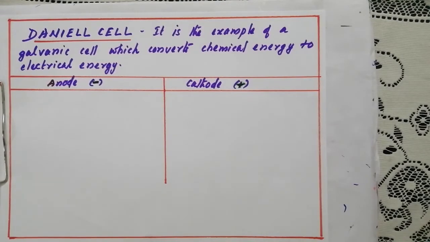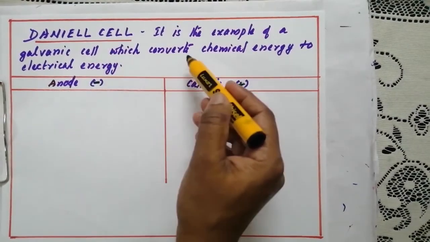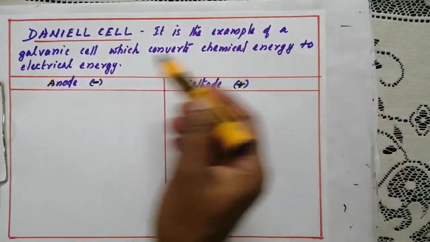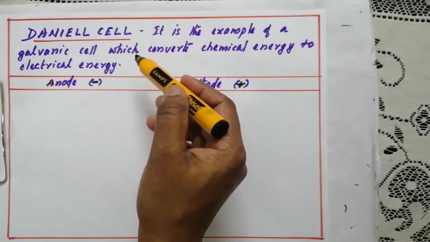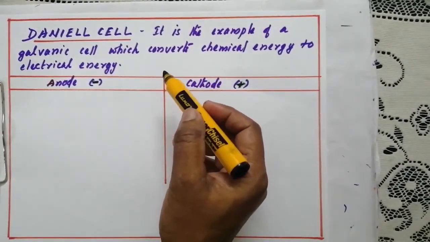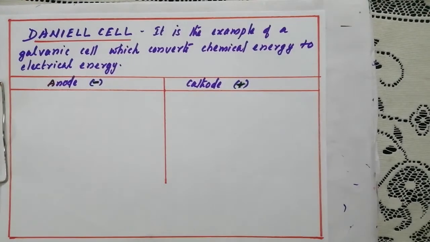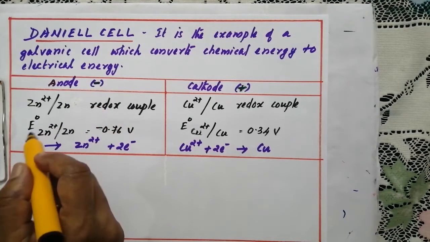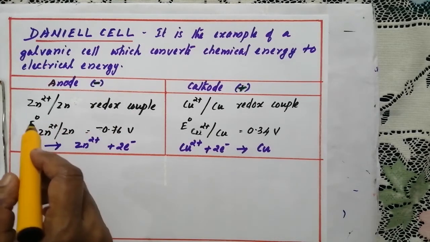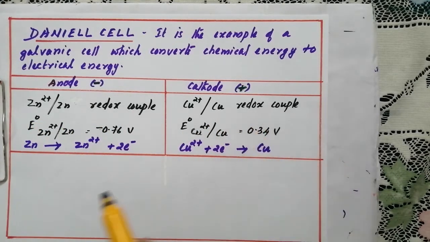Daniell cell. It is the example of a galvanic cell which converts chemical energy to electrical energy. And it was invented by the British chemist John Frederic Daniell. In Daniell cell, the anode is the zinc redox couple and cathode is the copper redox couple.